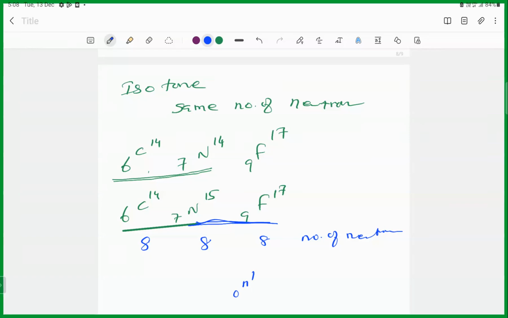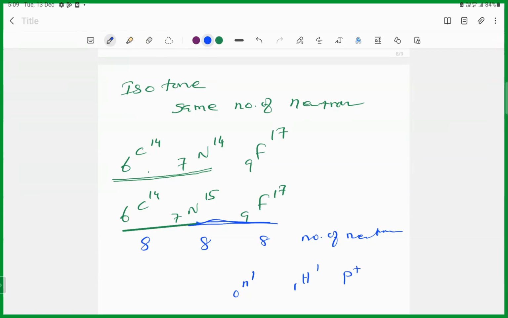Coming to the proton, the proton was discovered by Goldstein. The symbol is 1H1 or p plus, small p plus, so the charge is positive. The mass is 1. It can travel in a straight line, but it is deflected in the presence of electric and magnetic fields, in the direction opposite to the cathode rays.